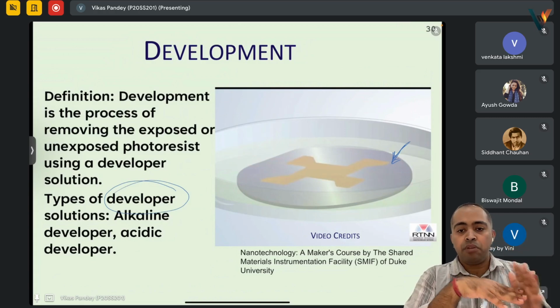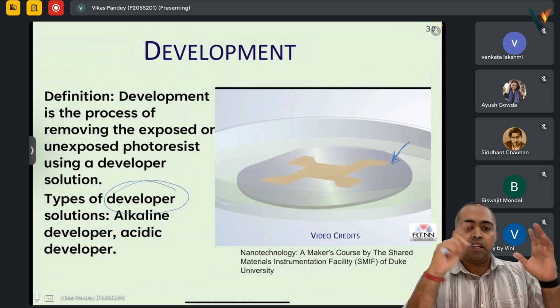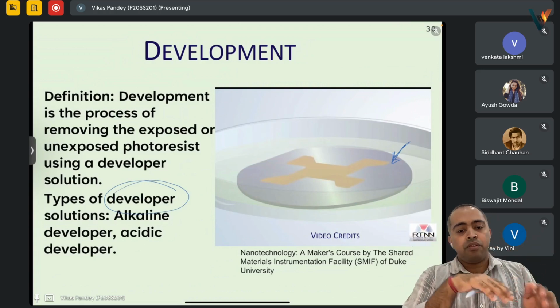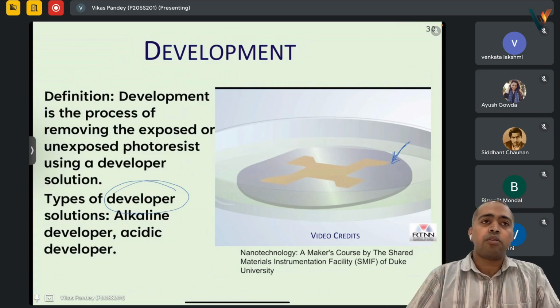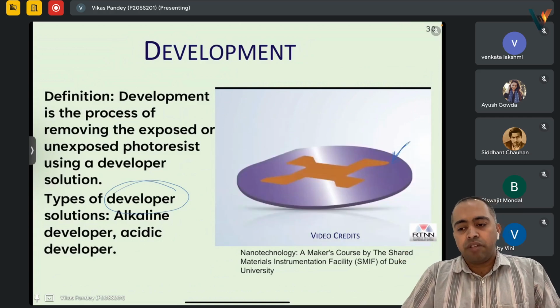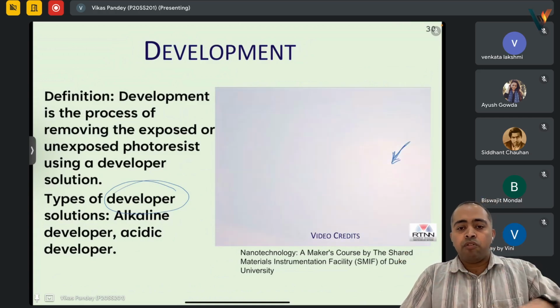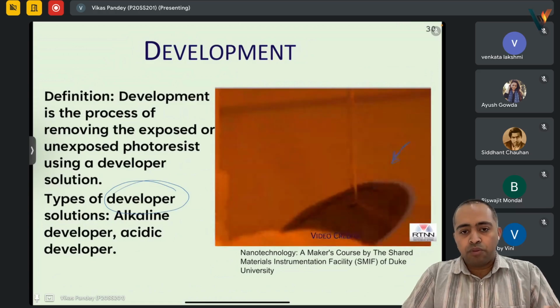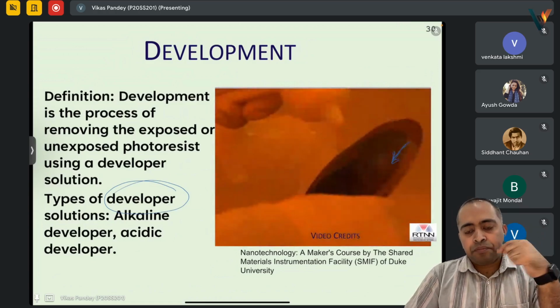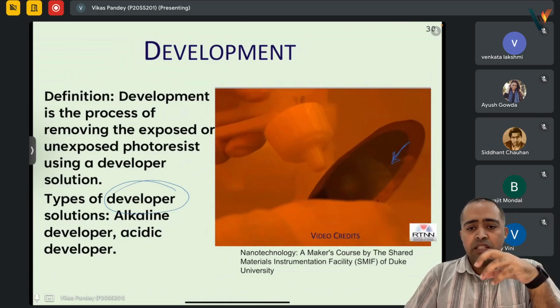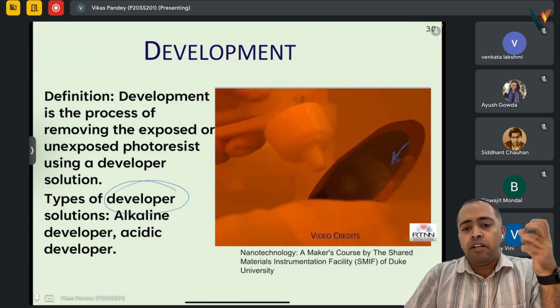In a yellow room, having yellow light, the developer will remove the extra area. Then after this we just wash it using DI water and blow it dry.